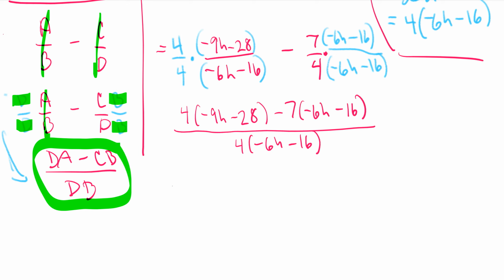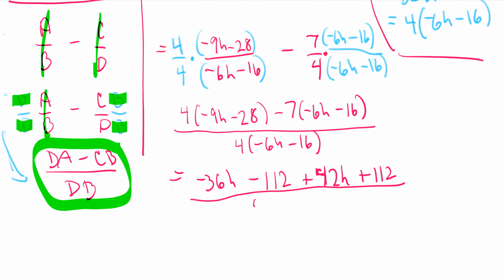So we'll distribute the 4, so that'll be negative 36h minus 112 plus 42h plus 112 all over 4 times negative 6h minus 16, leaving the denominator like so.